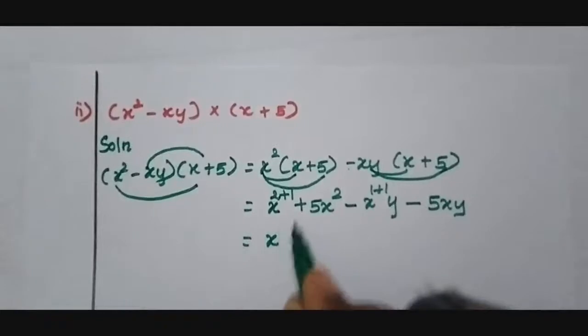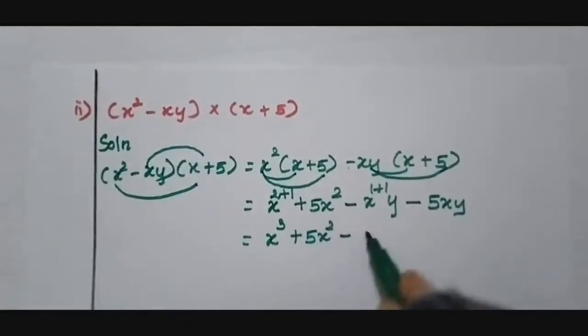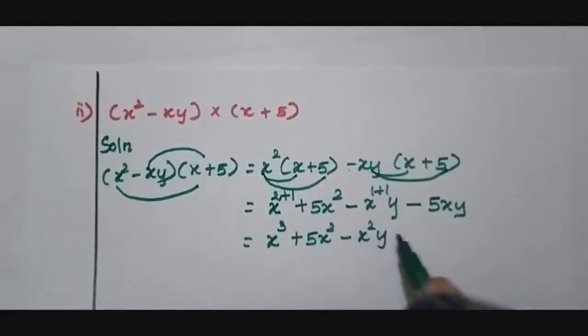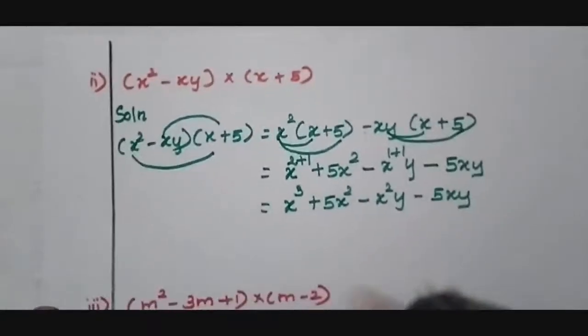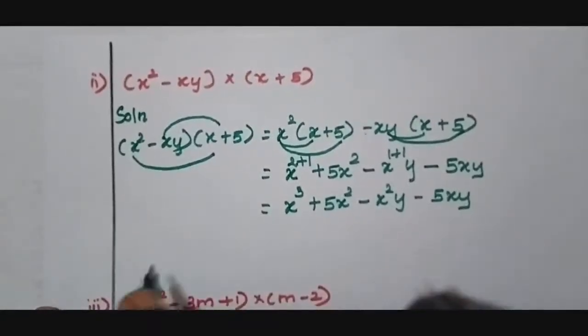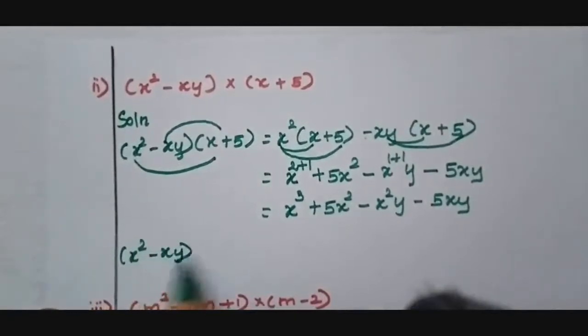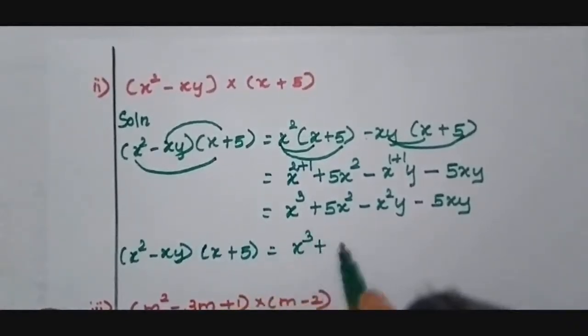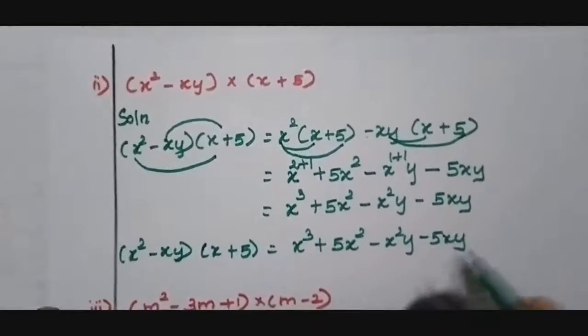So x power 3 plus 5x square minus x square y minus 5xy. These are all different terms. So the answer is x square minus xy into x plus 5 is equal to x cube plus 5x square minus x square y minus 5xy.